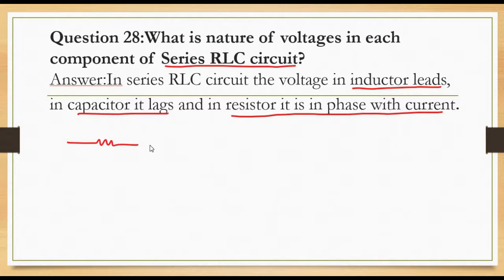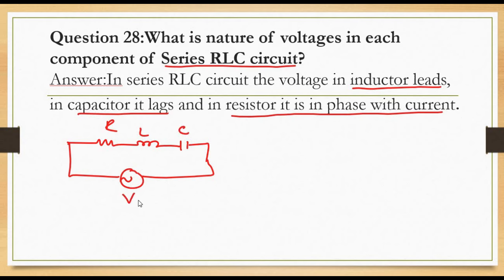Consider a RLC series circuit, and this is the voltage applied across it. I am drawing the phasor diagram for it. Consider this is the current flowing through the circuit.